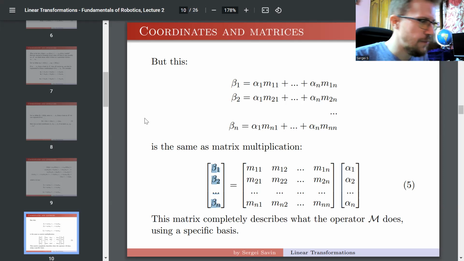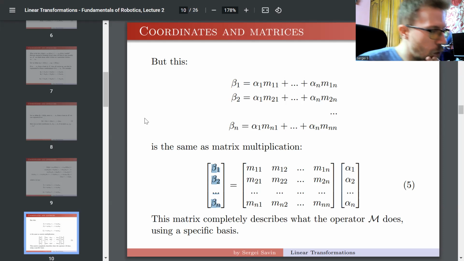So what we have is relations between coordinates expressed by a matrix. It's not relations between vectors, it's relations between coordinates.